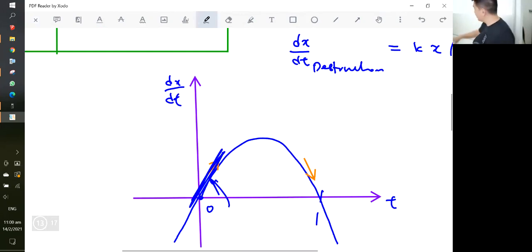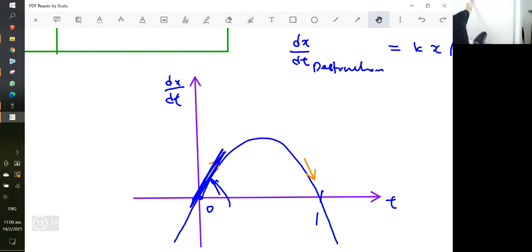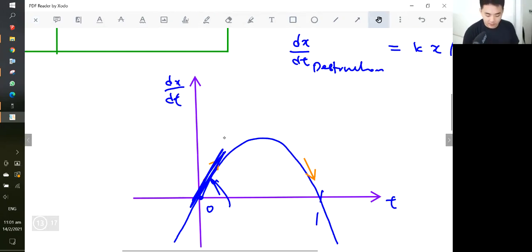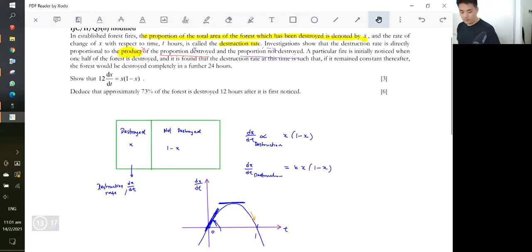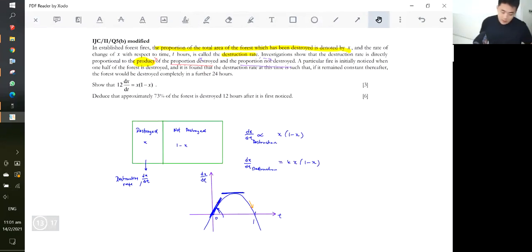It's the fastest at the start, the rate of increase. So that's how the forest burns. Then after it starts to taper off like that, it starts to decrease here. Okay, that's it. No wonder the next one is the interesting bit. I will stop here and you try.